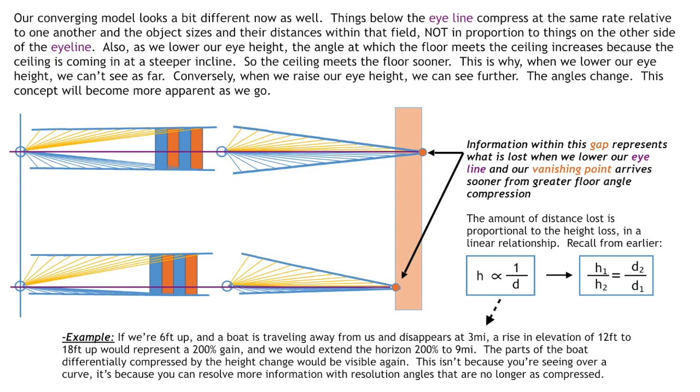The parts of the boat differentially compressed by the height change would be visible again. But this isn't because you're seeing over a curve, it's because you can resolve more information with resolution angles that are no longer as compressed as they were previously. So again, you're decompressing these compressed angles to the point where now the information is resolved. The light rays are now more resolved, and you can distinguish the object again.